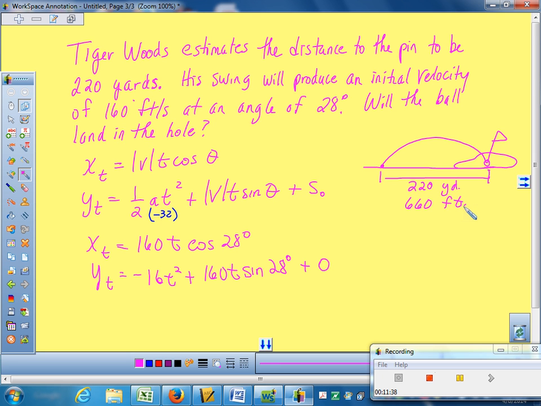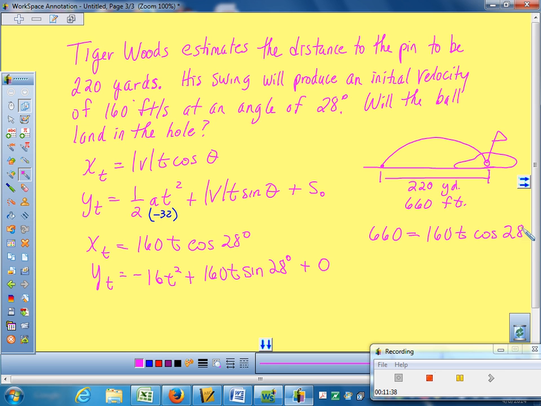Okay. Since you know that, is 660 your x, your horizontal distance, or the height you want to be at when you get there? That's the x. So therefore, can't you set x equal to 660, and then you're going to solve for time? Because the only variable you've got left is time. How am I going to solve for t?